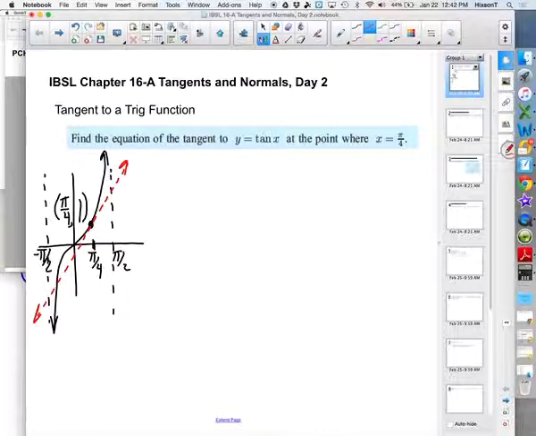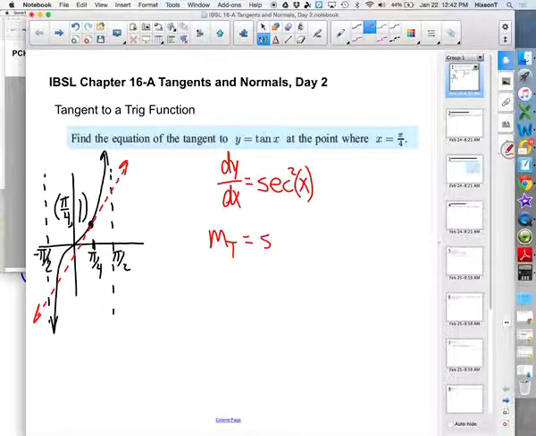Does anyone remember what the derivative of tangent was? Secant squared, secant x squared. Very good. We put the square there just so we know that it's the actual value of secant that's being squared. So now we want to find the actual slope of the tangent line.